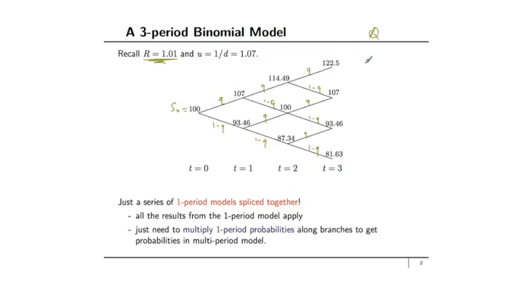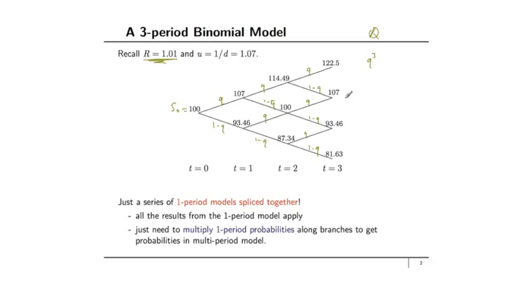So how about this point here? What is the risk-neutral probability of the stock price being equal to 122.5? Well, the only way the stock price can equal 122.5 is if the stock price goes up in each period. It has to go up in every period. The probability of it going up in every period is Q times Q times Q, and that's Q cubed.